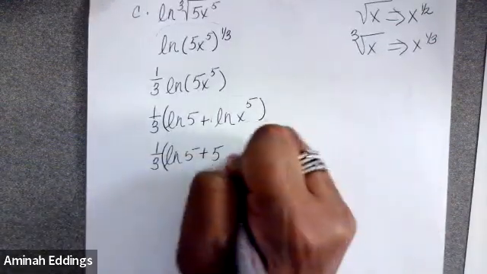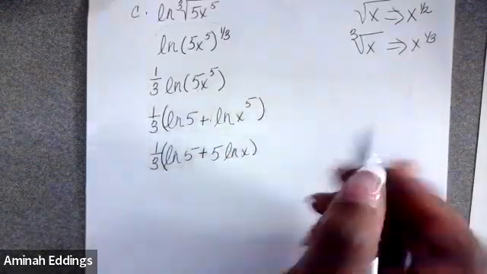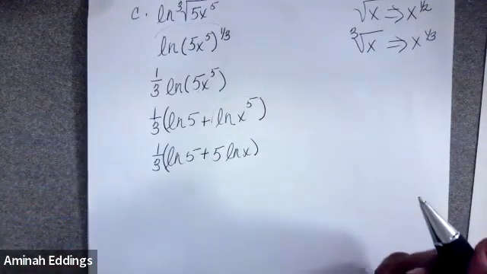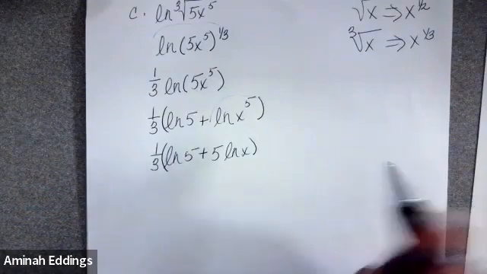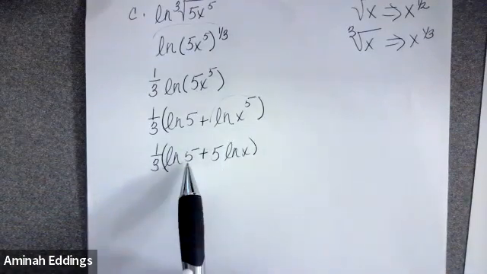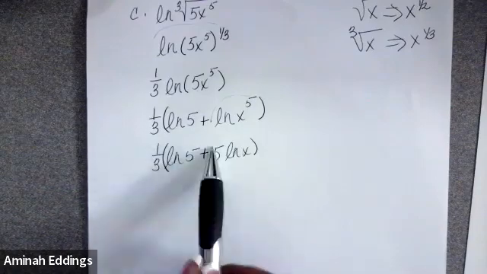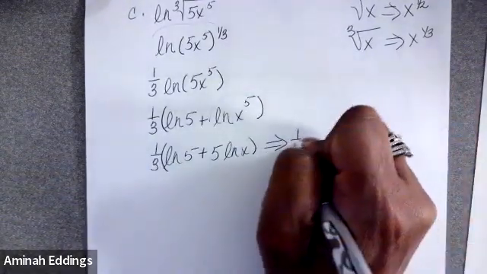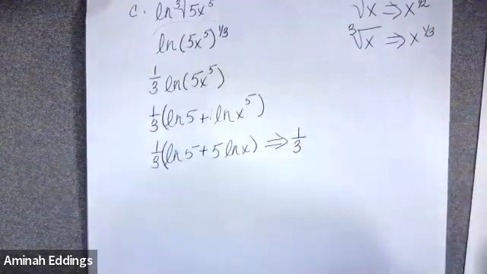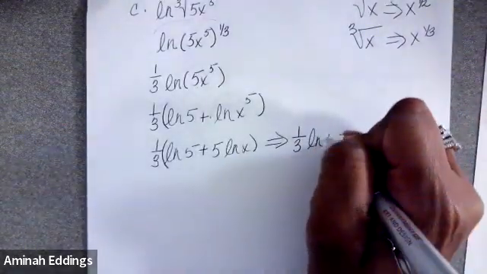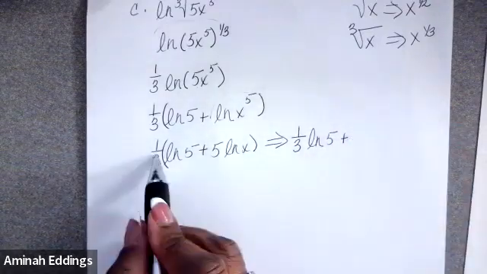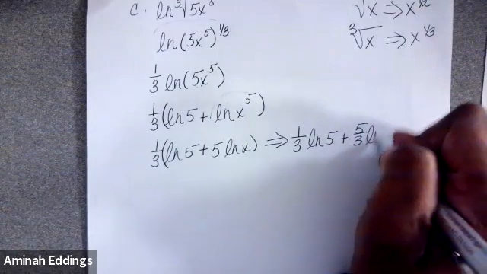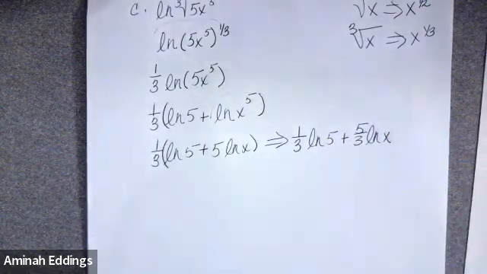So 5 times the natural log of x. Okay. You can leave it like this, or you can distribute that 1/3 in. And so more simplified would be 1/3 times the natural log of 5 plus 1/3 times 5 is 5/3 times the natural log of x.